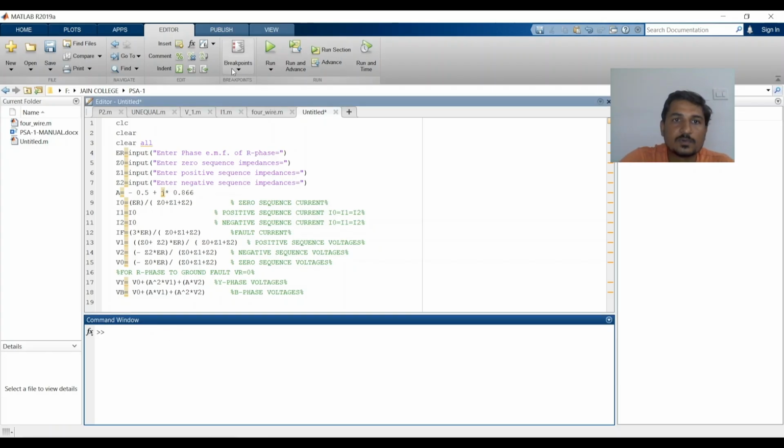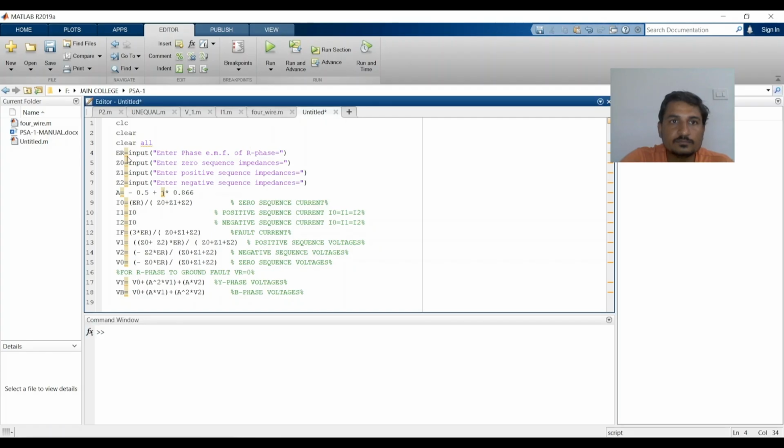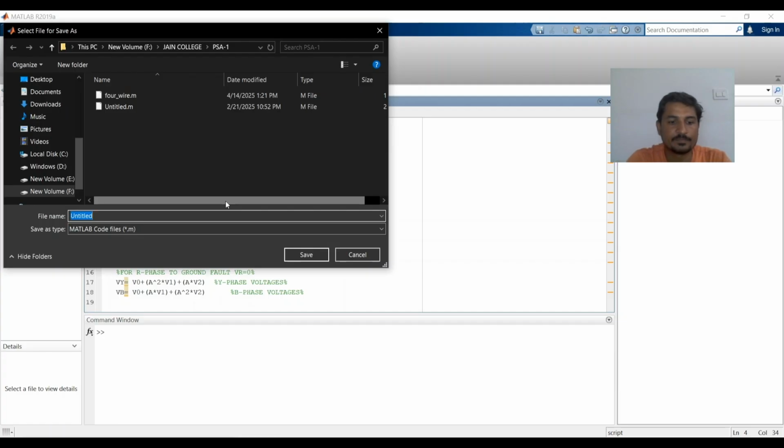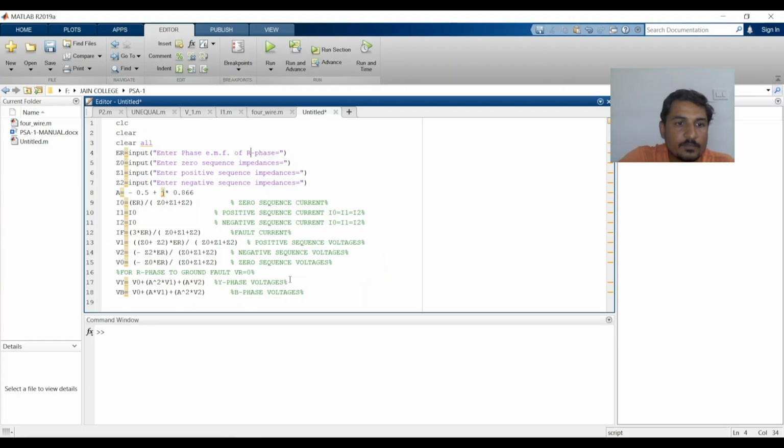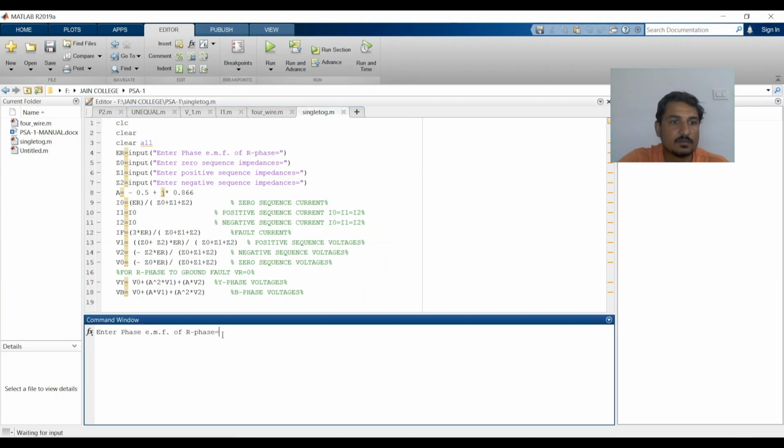Now, if you run this program, single line to ground, it came now, and we need to enter the phase EMF of the R phase.